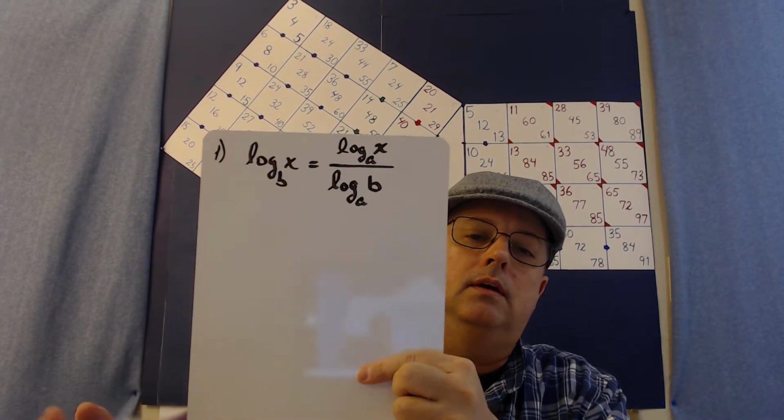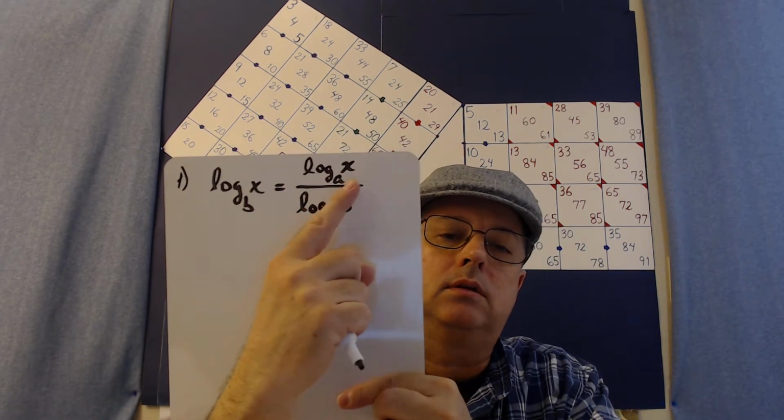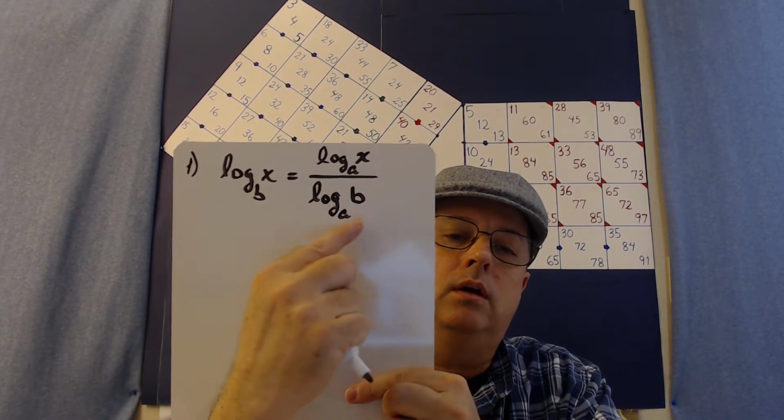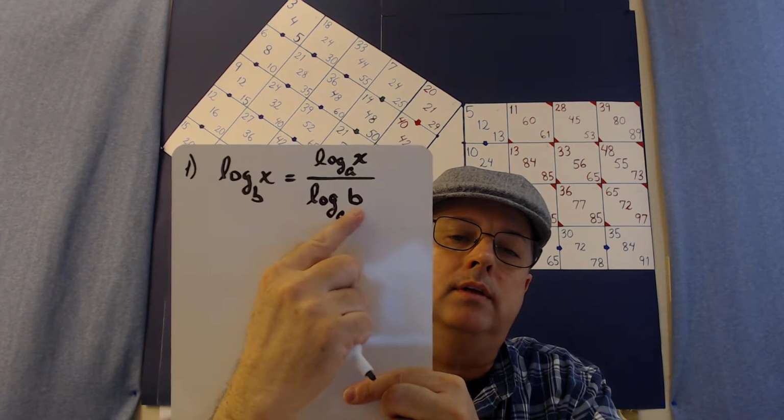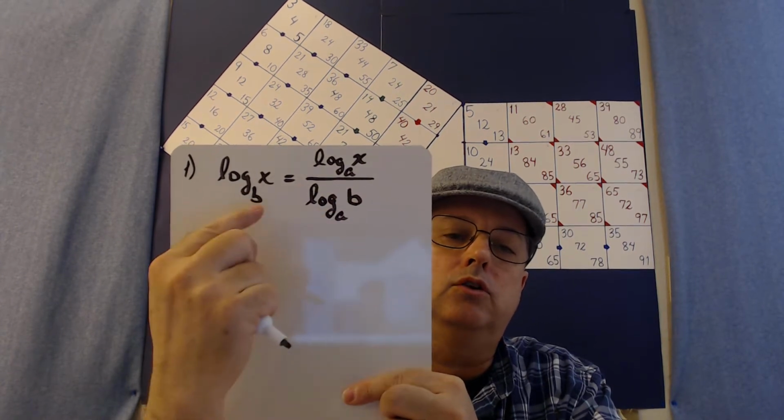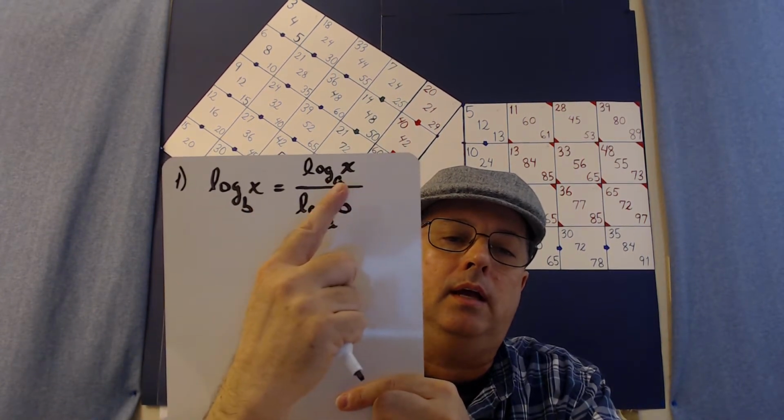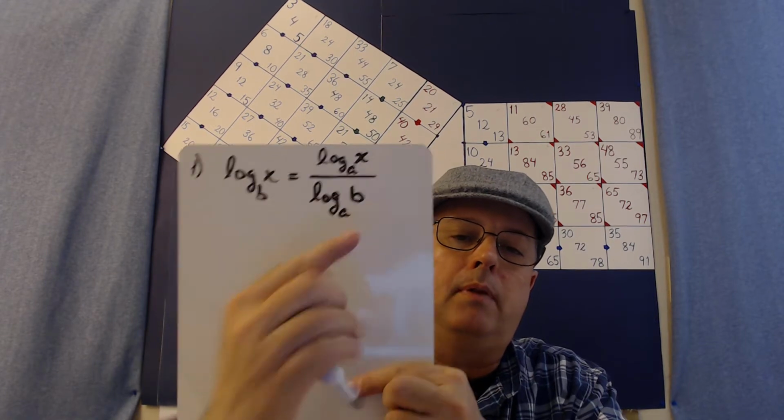Okay? And so we can change the base as long as we divide by this adjustment. We can change it from base b to base a as long as we divide by this adjustment.